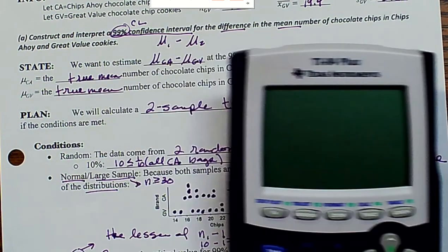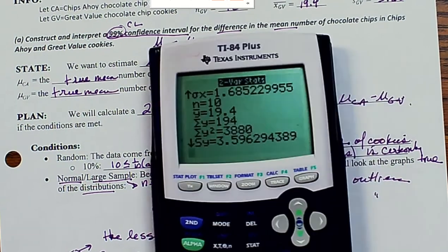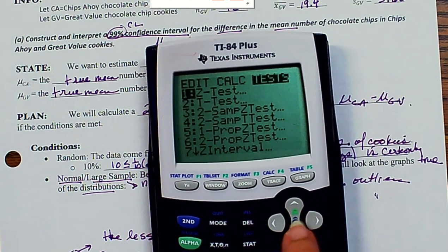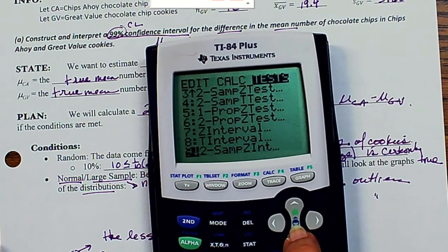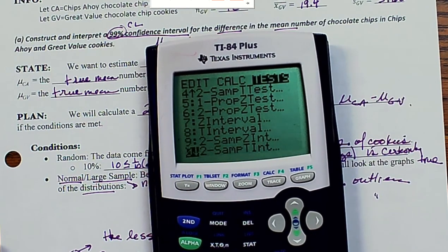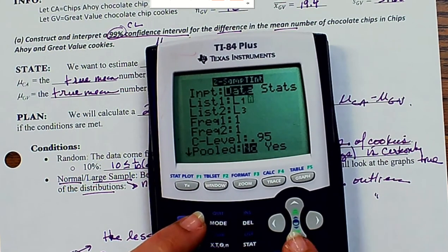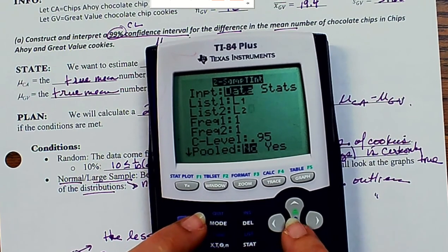So here we go. We're going to go into our calculator now. We're going to do a 2-sample T interval from our data, where our data is in list 1 and list 2, frequencies of 1 with a C level of 0.99, and again, we are not going to pool.